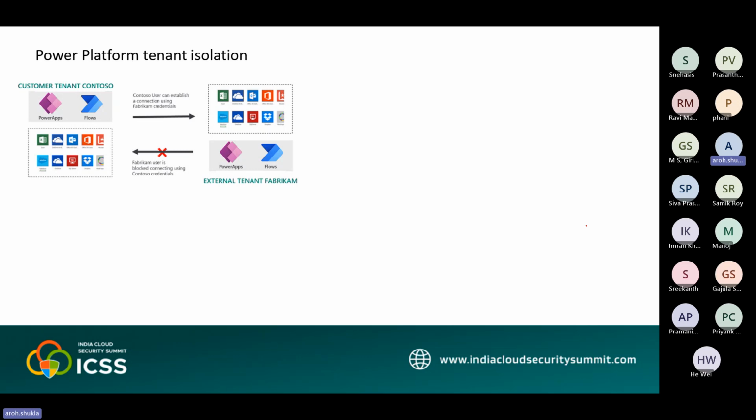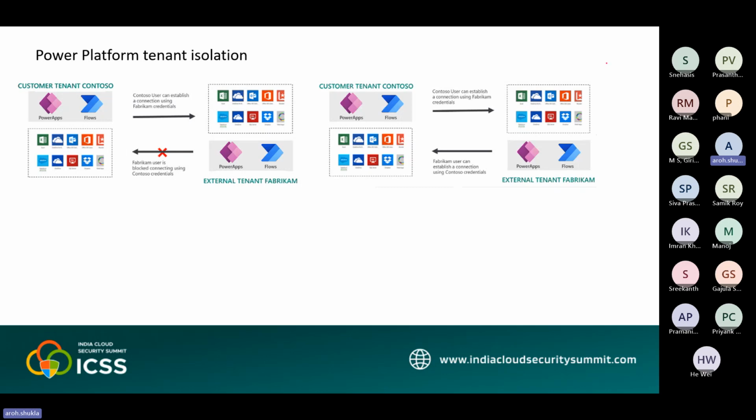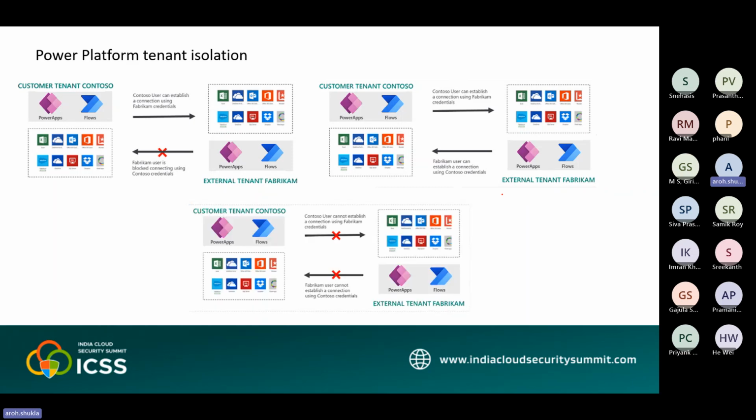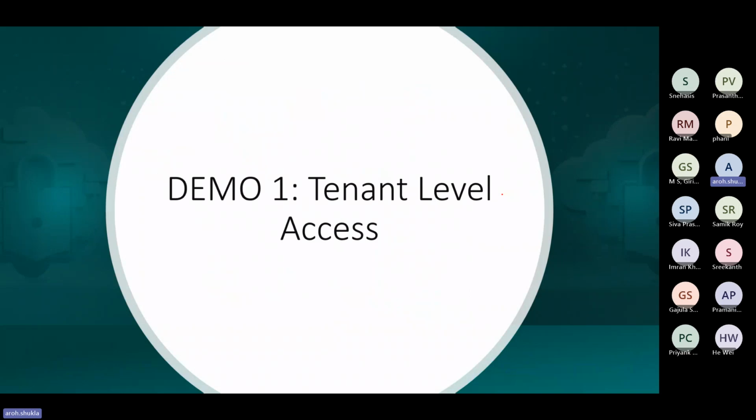So it's possible to isolate that using tenant isolation. We can have this example, we are using Contoso with Fabricam. Again, for example US, Europe or India, we can have flows and apps based on what the user can access. And this is a very simple switch, it's just on and off. We will see it in my demo as well.